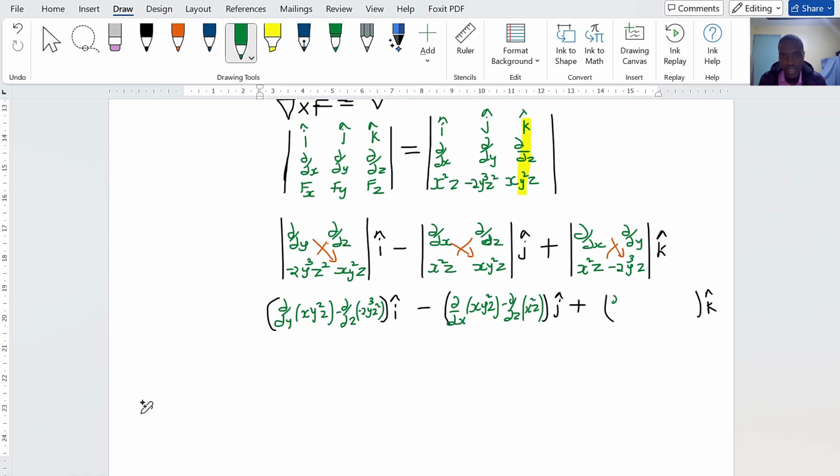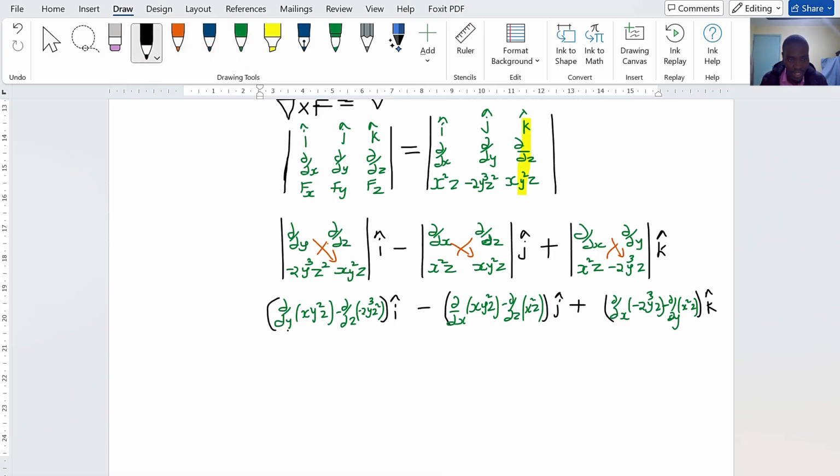Then k: d over dx into negative 2 y cubed z squared, then close the bracket, minus d over dy into x squared z. Now that is what we are going to do.